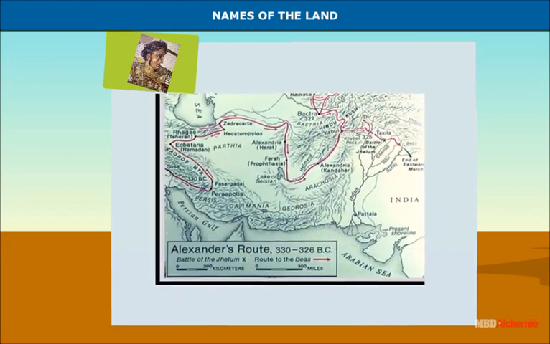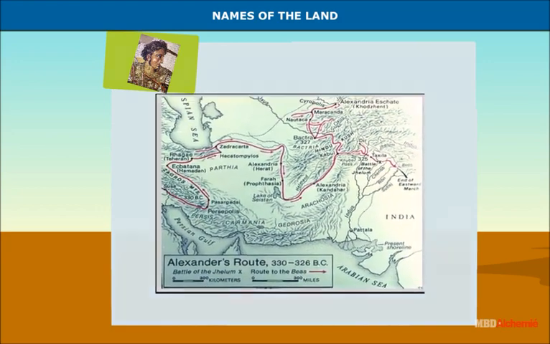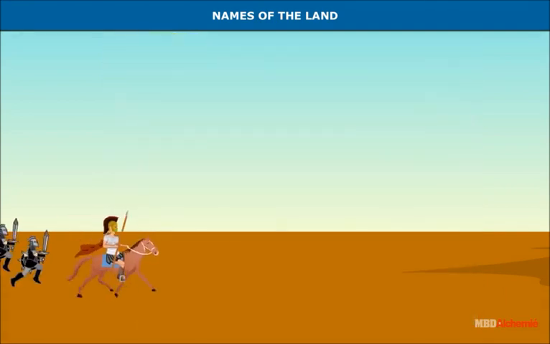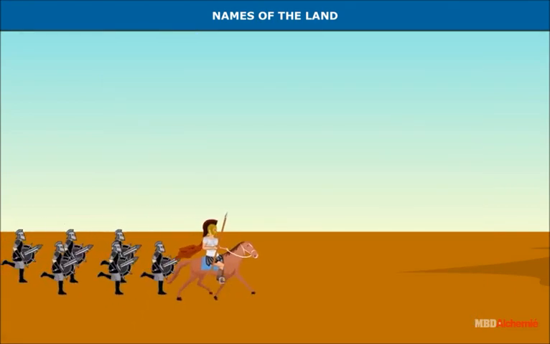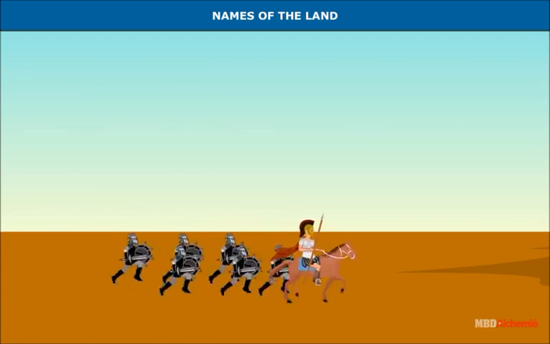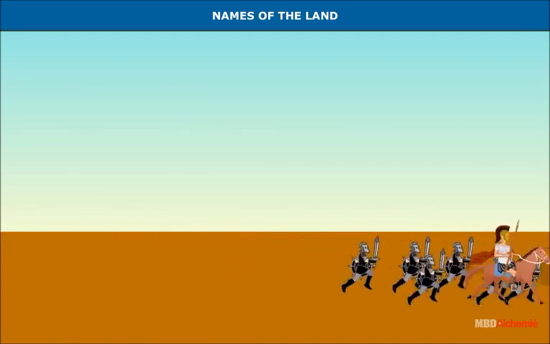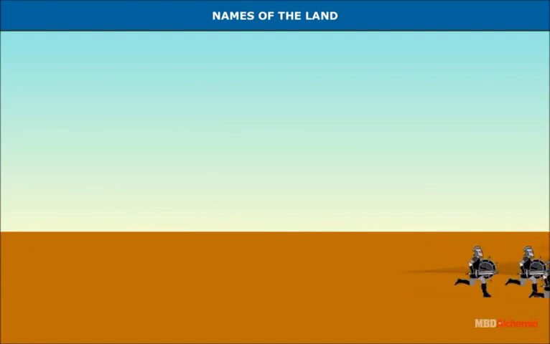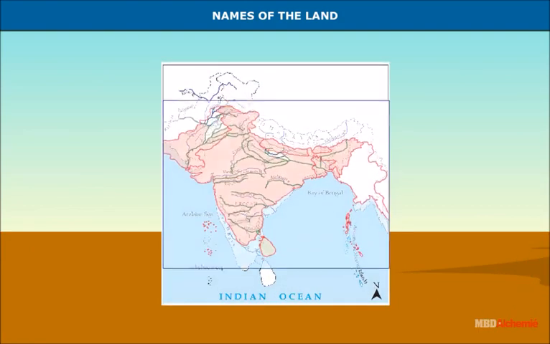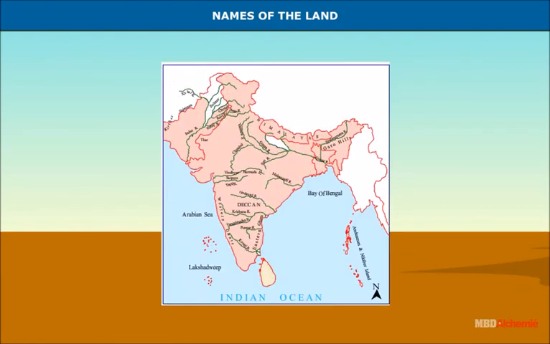In course of time, the country came to be known as India in Greek and Hind in Persian. The name Bharat or Bharatvarsha was given to the country after the name of an ancient tribe, the Bharatas. Later on, the word Hind became Hindustan.